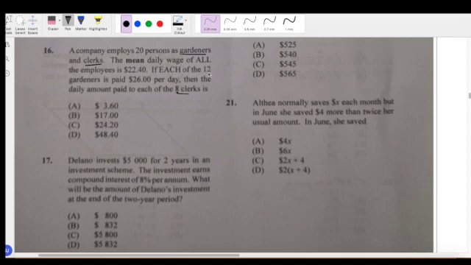So 12 gardeners are paid $26, that's 26 added 12 times, plus a certain amount for 8 clerks, all over 20, and that is going to be equal to the mean, 22.4. So we have a little bit of work to do.